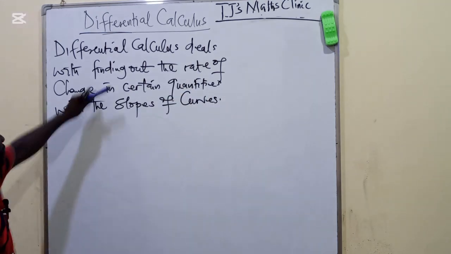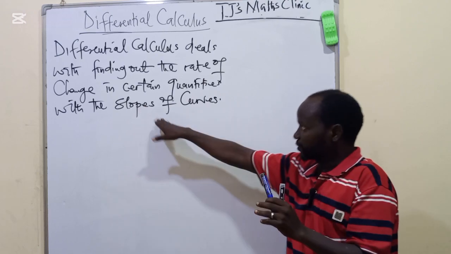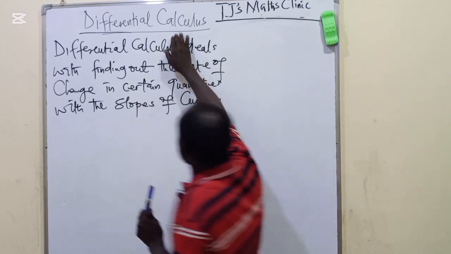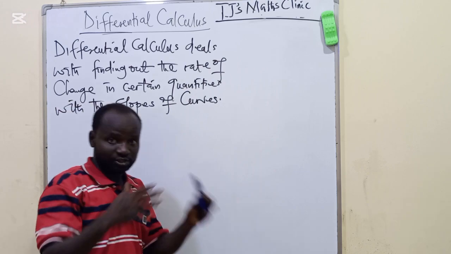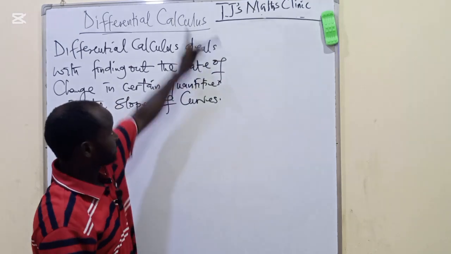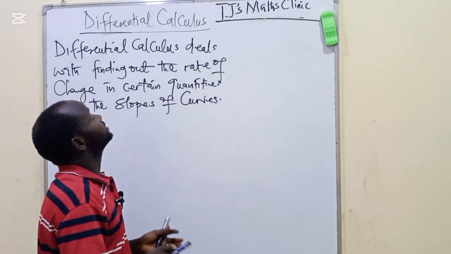Differential calculus deals with finding out the rate of change in certain quantities with the slope of curve. Calculus itself is a branch of mathematics that deals with change.